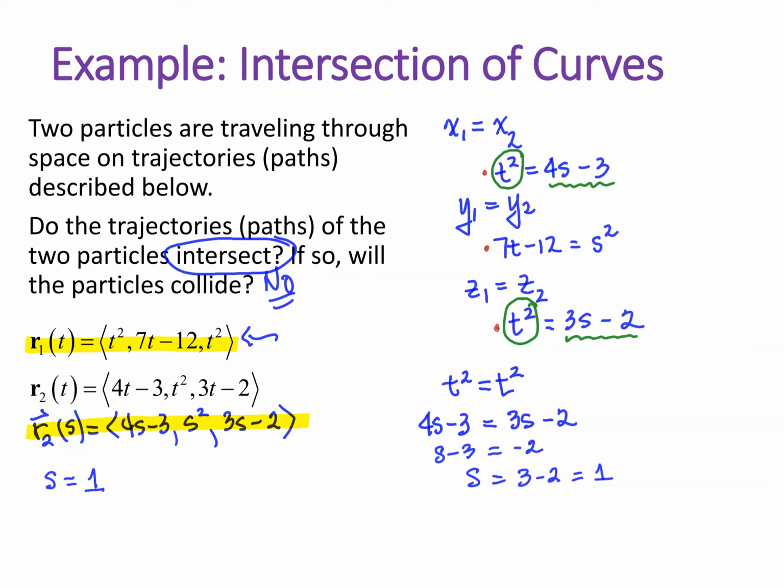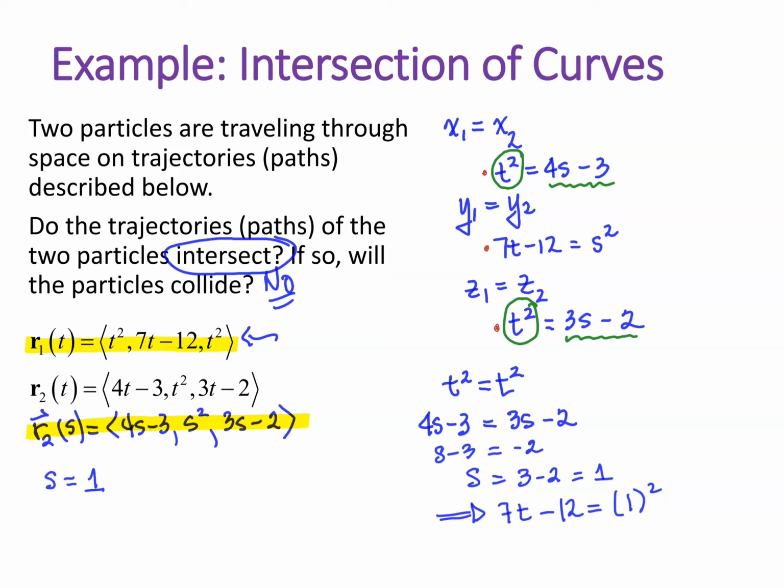And if s is equal to 1, then the x components and the z components should be equivalent. We do need to figure out what's happening to t. So if s equals 1, we could choose the equation we haven't used before, 7t minus 12 equals s squared, so that's 1 squared, and solve that equation.